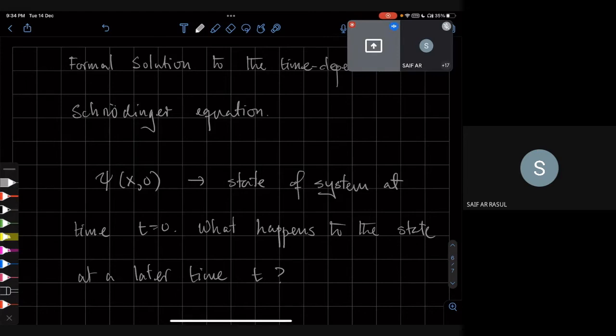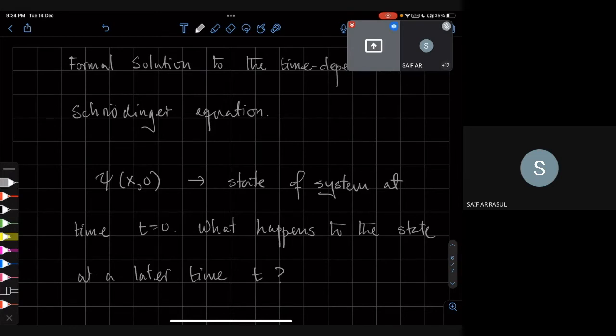Okay, so you will have to solve the Schrödinger equation for that, right? So we want to solve the Schrödinger equation.